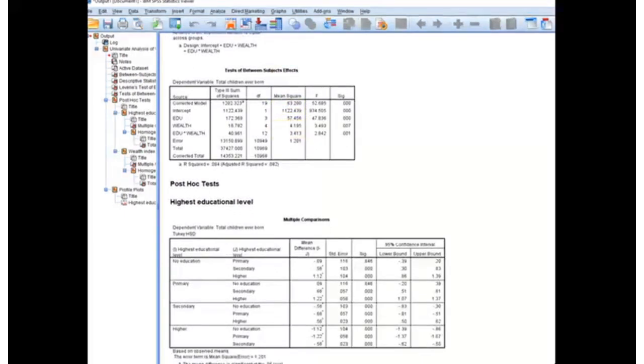And the tests of between-subjects effects: what is the effect on the children ever born? Education level is significant, wealth effect is significant, and the education and wealth interaction is also highly significant.